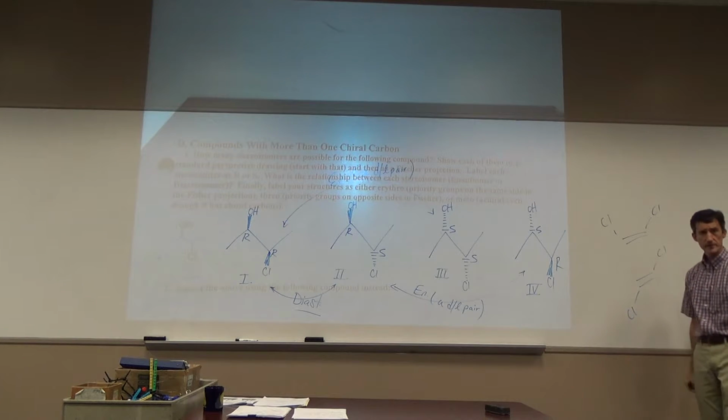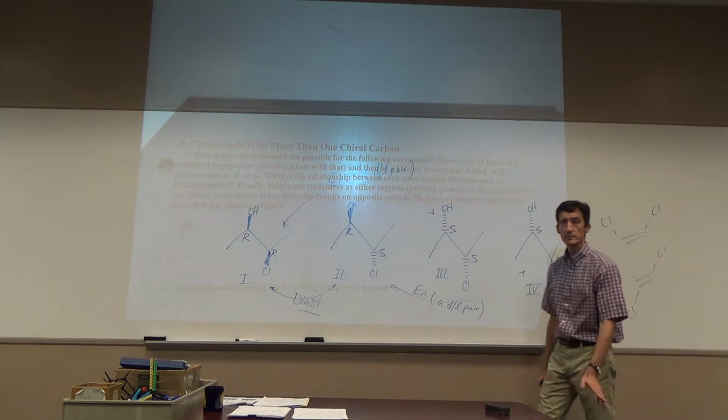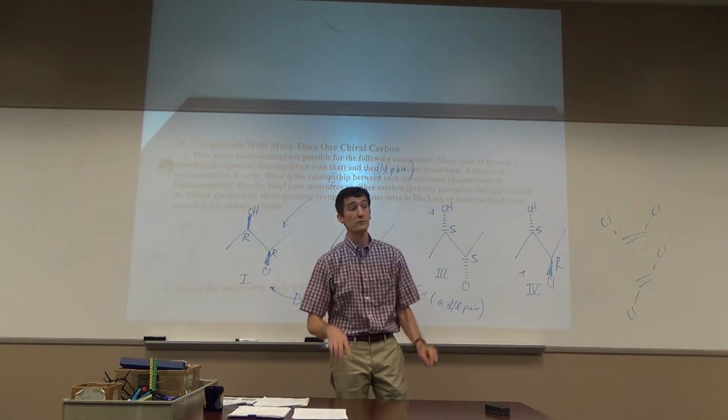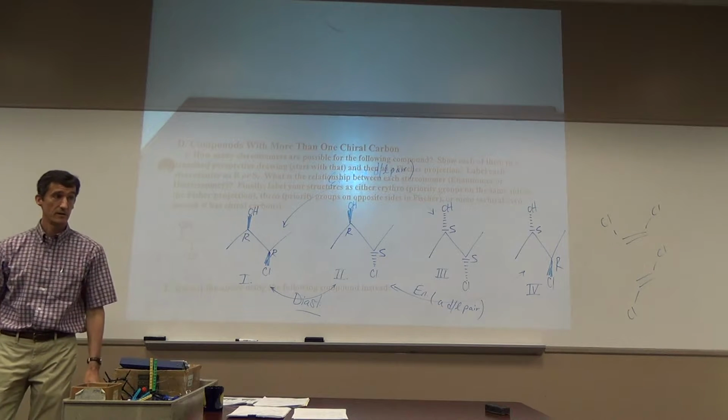Do these have the same polarity? No. That was polar and nonpolar. These are diastereomers. They got very different melting points. And in the lab you're going to be doing today and tomorrow, you'll see diastereomers with melting points 100 degrees different. Diastereomers can be totally different properties.